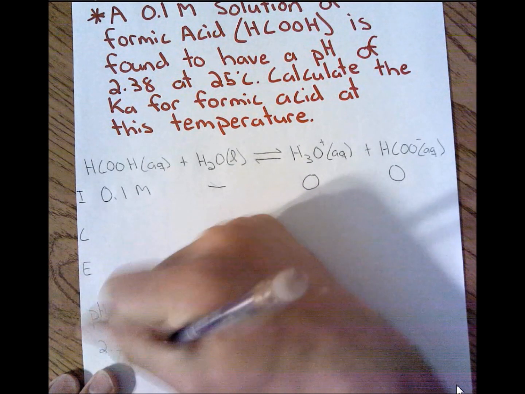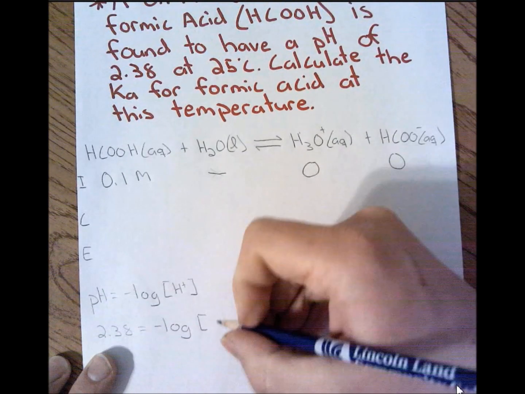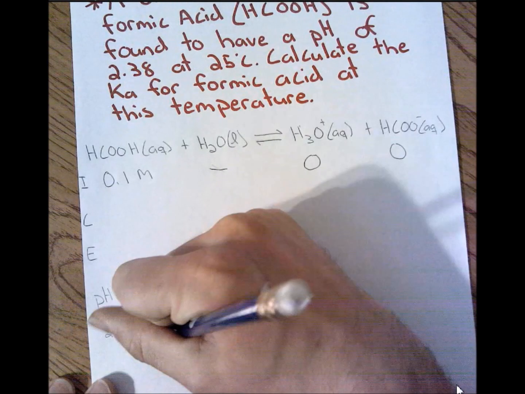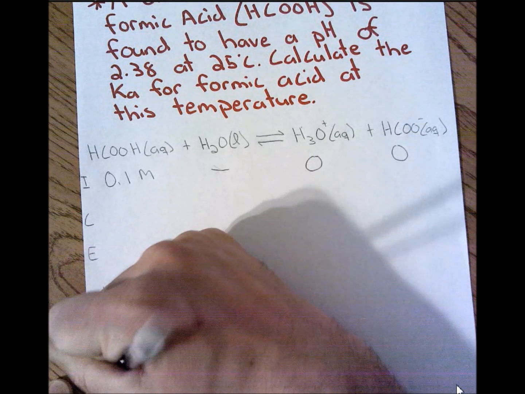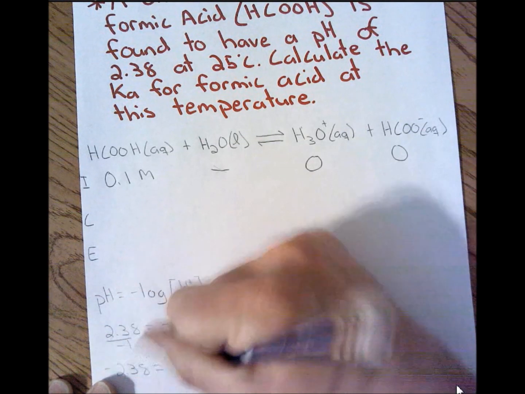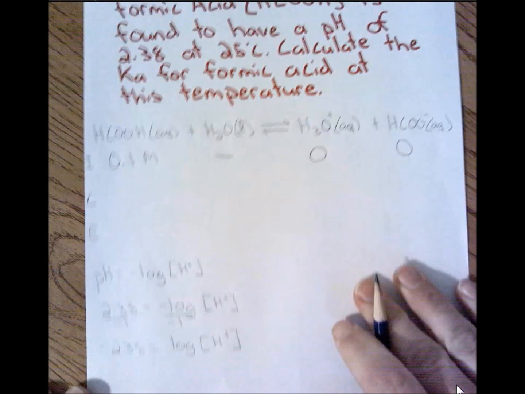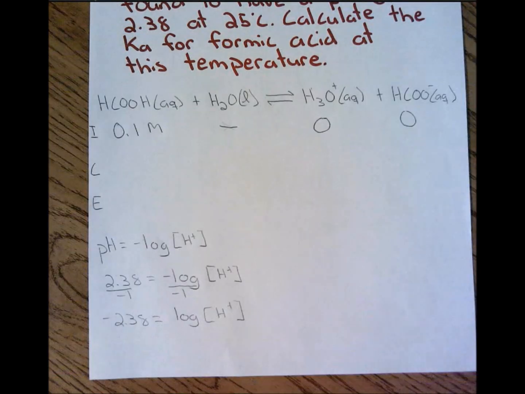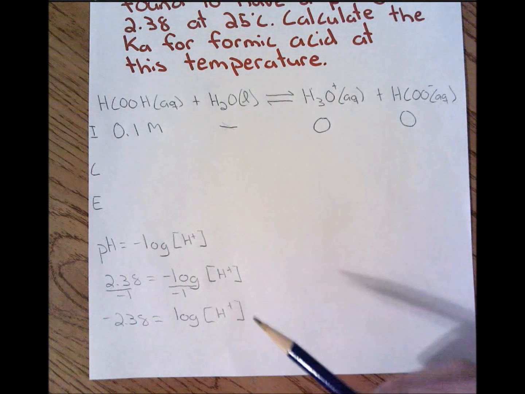Well, if you remember, we multiply both sides by -1, so we end up with -2.38 equals log of our H plus. Now, to have the H plus by itself, which is what we want to find, the hydronium equilibrium concentration, we have to take the inverse log of both sides.